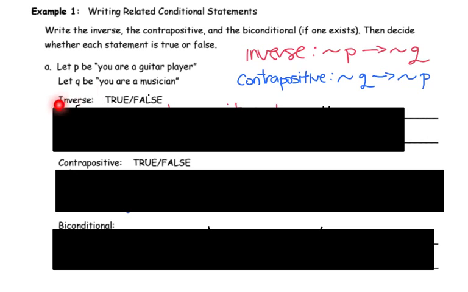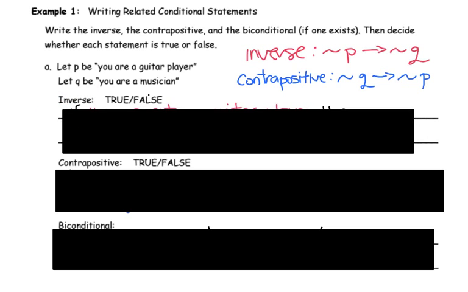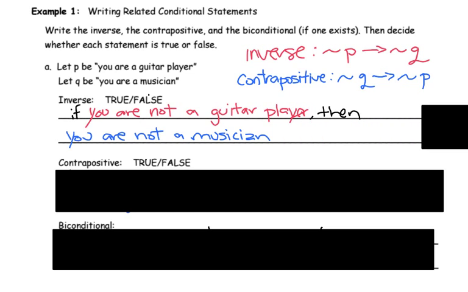So we would get: if you are not a guitar player, then you are not a musician. That is the inverse. Is this statement true or false? Hopefully you're saying false. That statement is false.